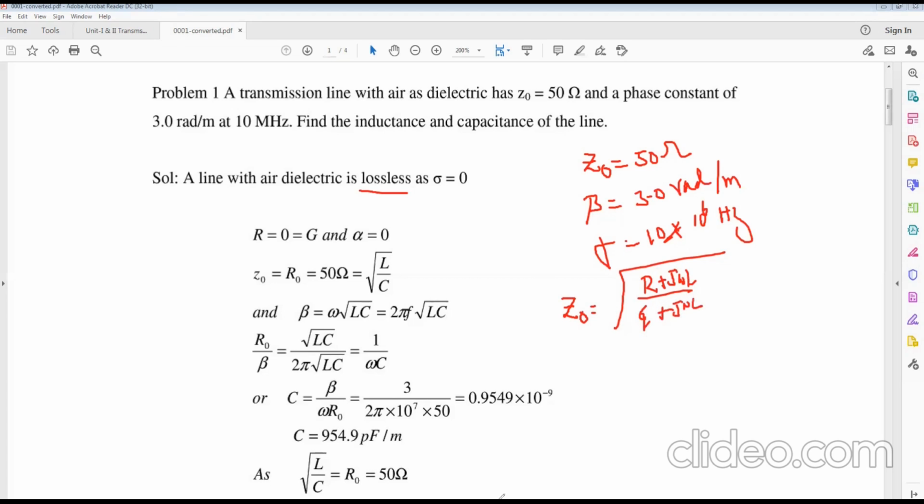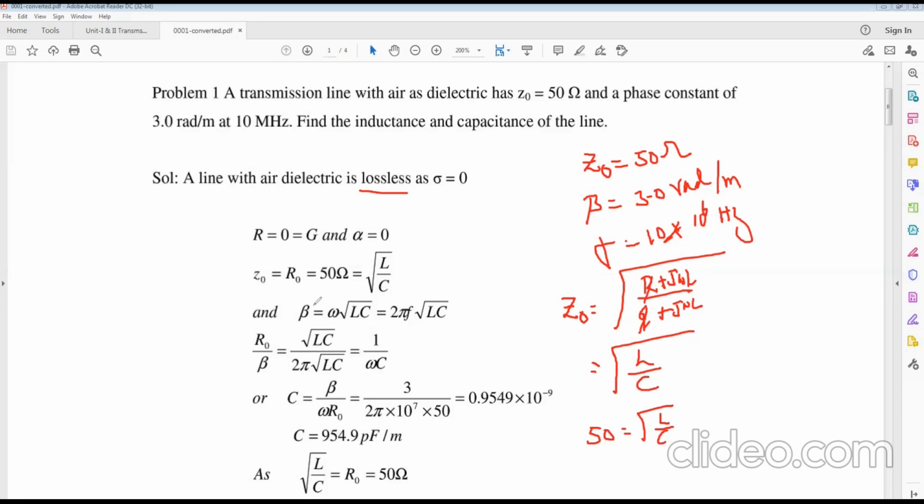For a transmission line with air as a dielectric, R is equal to 0 and G is equal to 0, alpha is equal to 0, it is a lossless transmission line, and Z0 is equal to under root of L by C. Already Z0 is given, so 50 is equal to root L by C, okay, my dear friends.